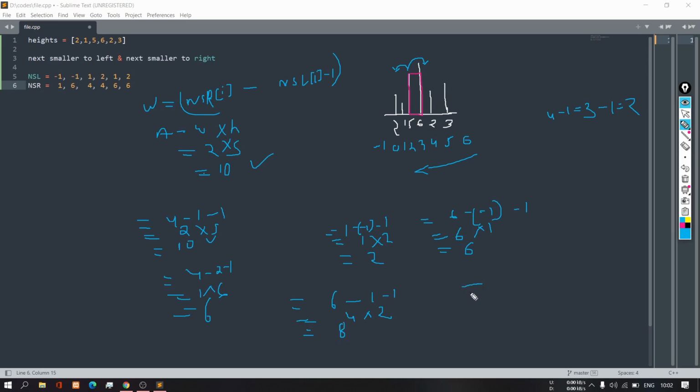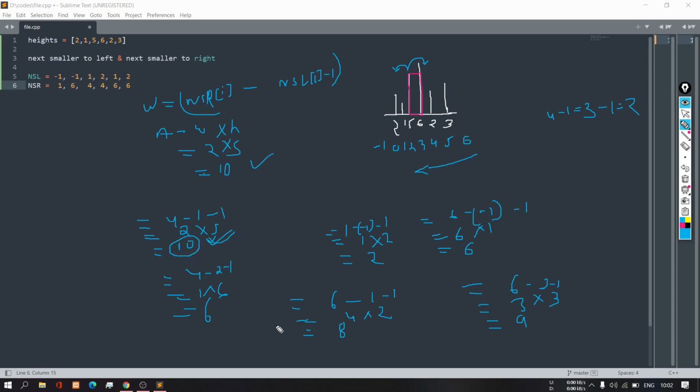Then again, 6 minus 2 minus 1, then you get 3 into 3, which is 9. From all these values you can see this one is the greatest, so our answer will be this one.